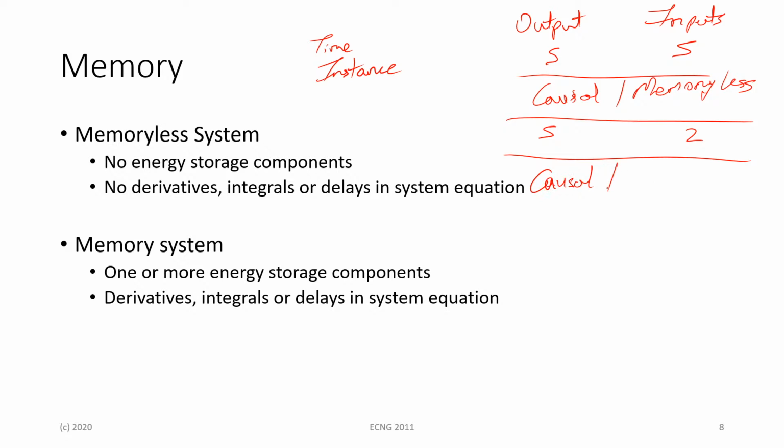But because we're depending on past values here on the inputs to get our outputs, that means we need to store these values somewhere. And because we need to store these values, our system has some sort of memory.